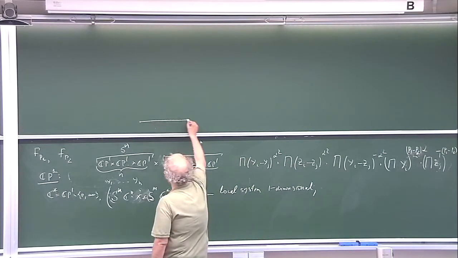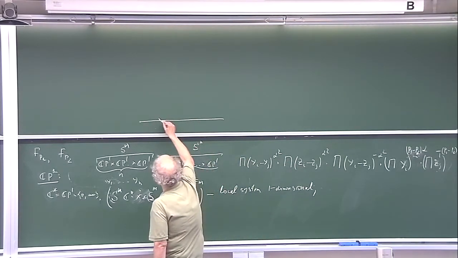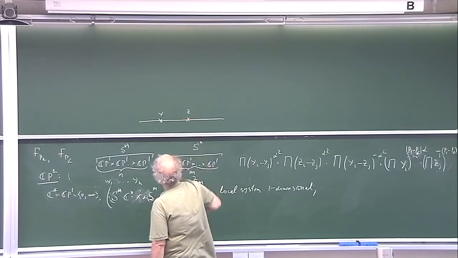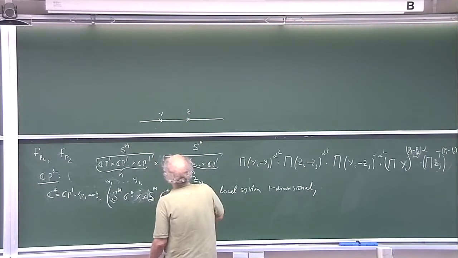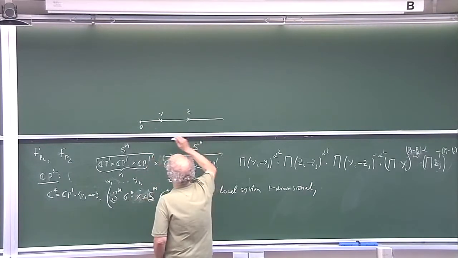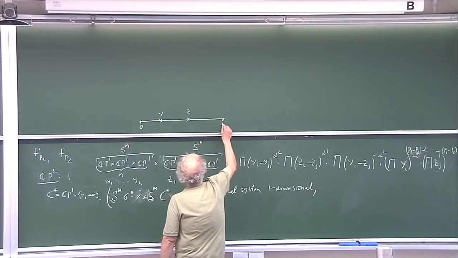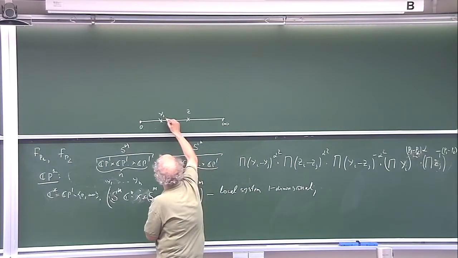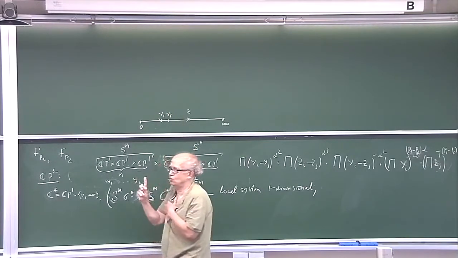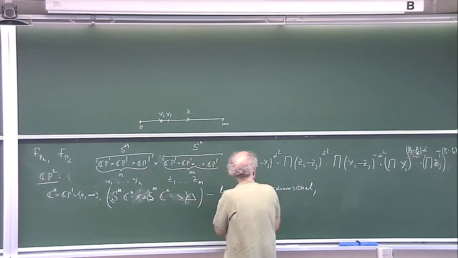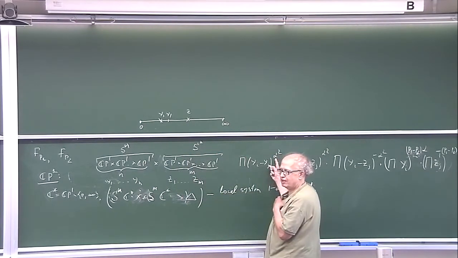It means that we have a line and we have points of type y and points of type z. Yes, and also we have points of type 0, not a point, just 0 and just infinity. And what is written here? If we have two points of type y, y1 and y2, if y1 goes around y2, then we have alpha square as the monodromy number.